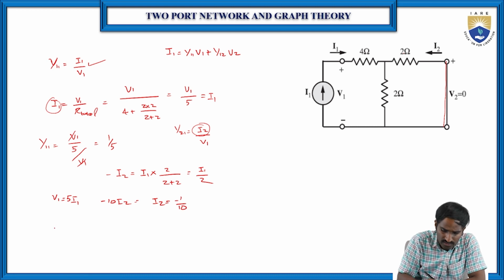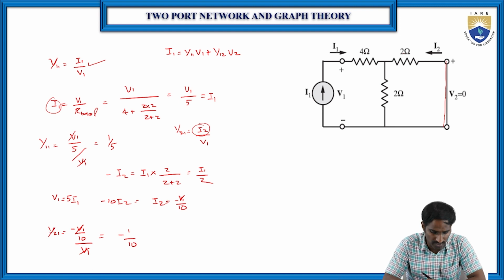Then y21 is equal to minus V1 by 10 by V1. So V1 gets cancelled, then you will get minus 1 by 10, which is y21.